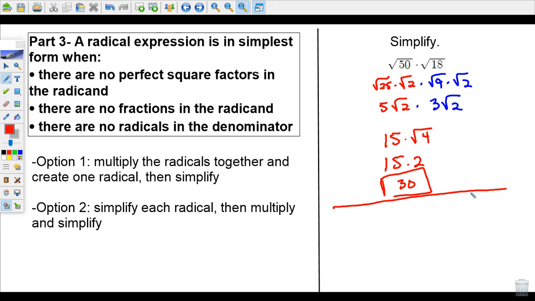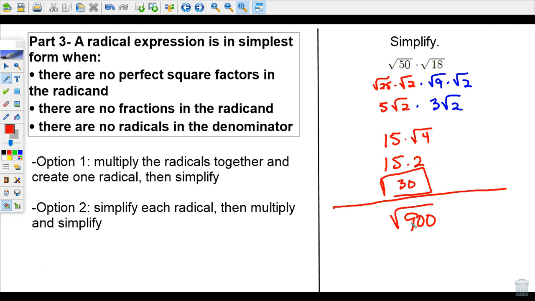We just multiply them together first. So 50 times 18 is 900. So we would get radical 900, and then we would work on simplifying that. The issue is that's a huge number. It might be difficult to find perfect squares of that big of a number. Luckily, it ends in 2 zeros.